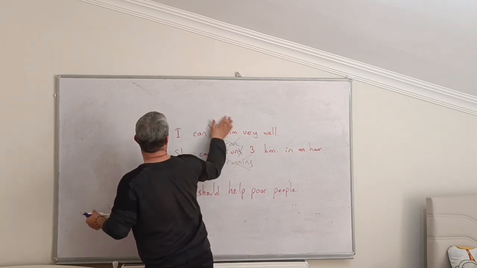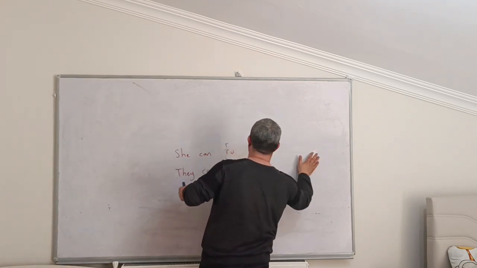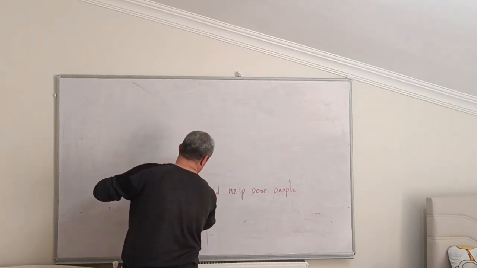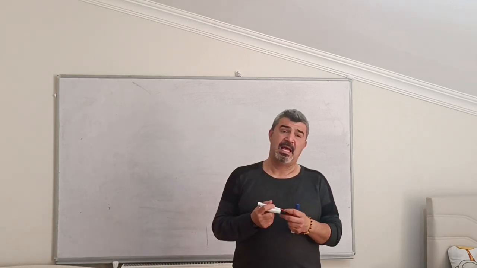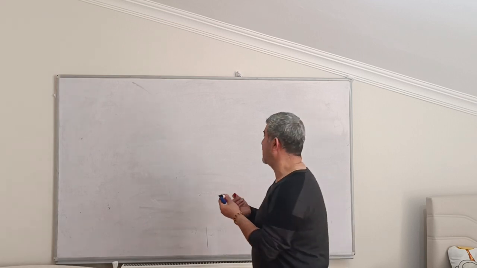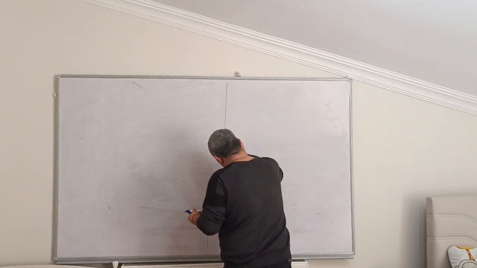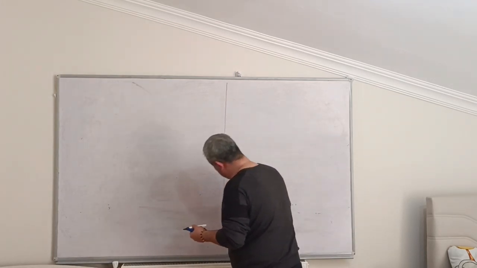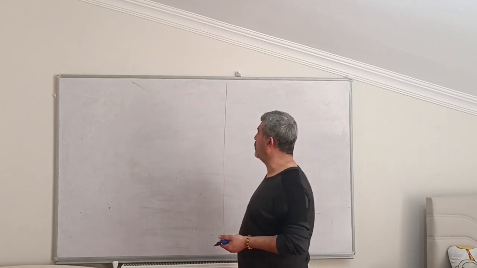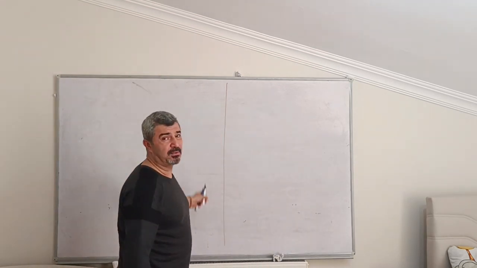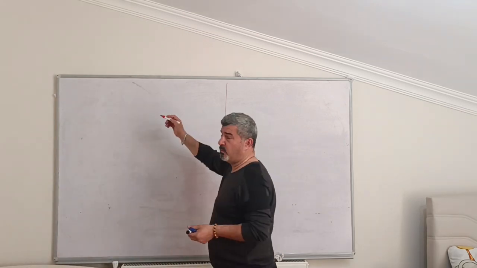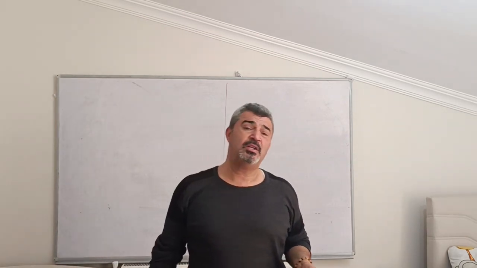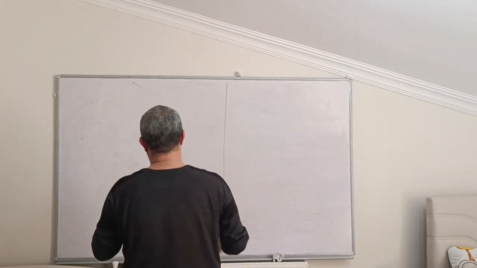Now I want to talk about the difference between have to and must. Let me divide the board into 2 pieces, and I will use one part for must, the other part for have to.